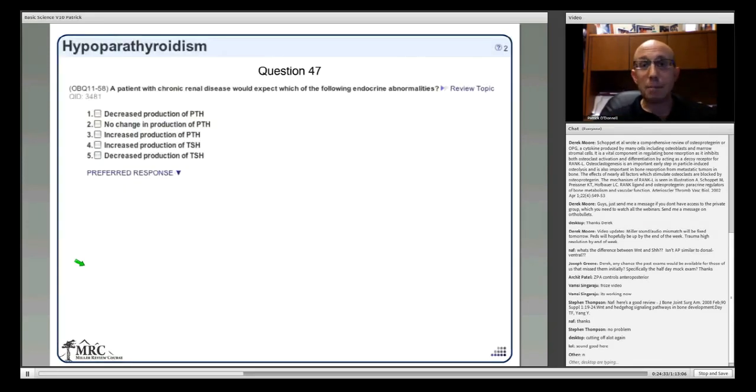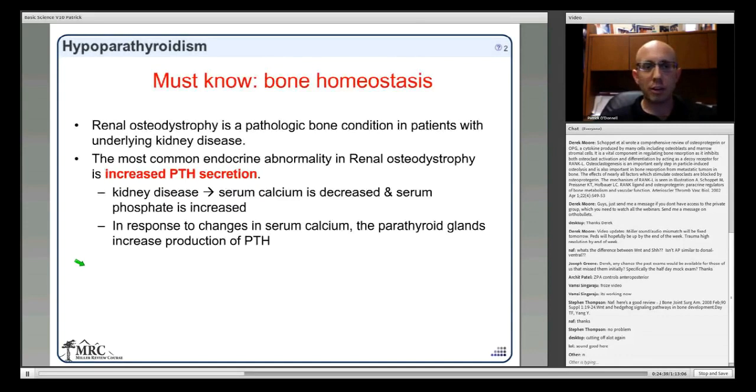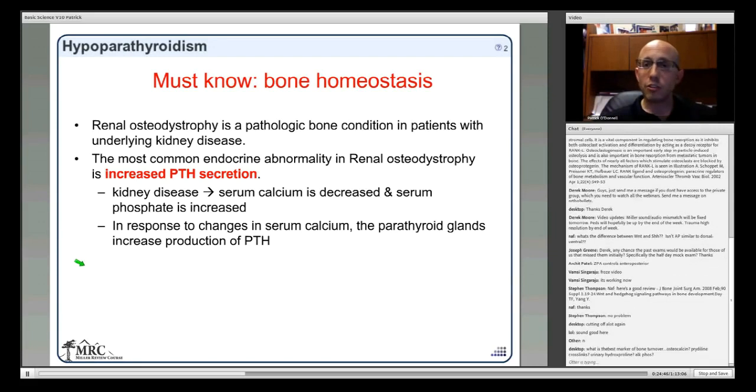Next topic, hypoparathyroidism. A patient with chronic renal disease would expect which of the following endocrine abnormalities? Got to know your bone homeostasis, and I include hypoparathyroidism in that. If you understand the calcium cascade with your parathyroid hormone, you're going to get a lot of these minutia questions right. So renal osteodystrophy, a pathologic bone condition in patients with underlying kidney disease.